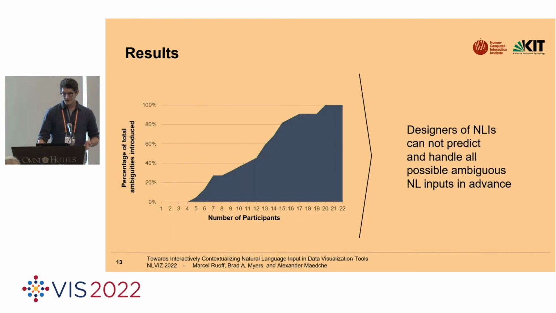However, when analyzing the data throughout the formative study, the number of ambiguities continuously rose. So we expect that, unfortunately, designers of NLIs can probably not predict and handle all the ambiguous natural language inputs in advance.